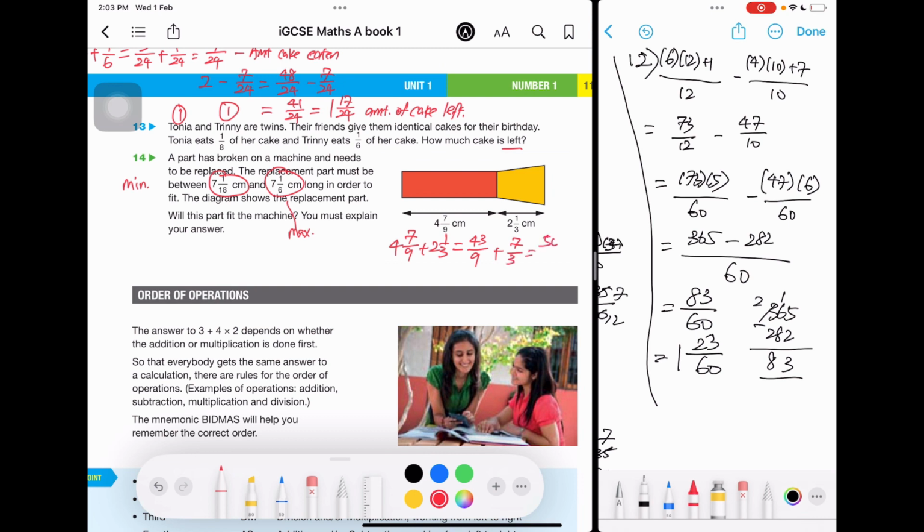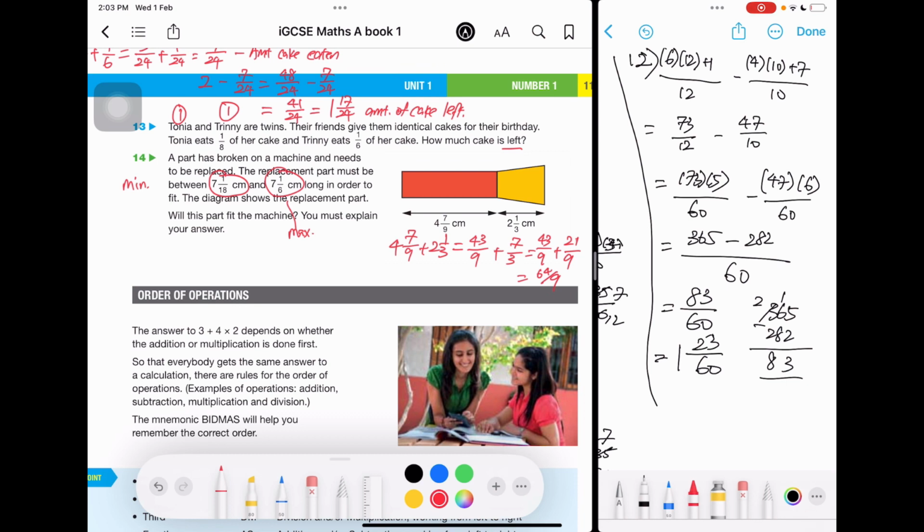Before adding, we have to have the same denominator. So for the second fraction, we change it to 3 times 3, which is 9 as the denominator, and 7 times 3, which gives you 21. In this case, you have 64/9. 64/9 is the length of the replacement part.